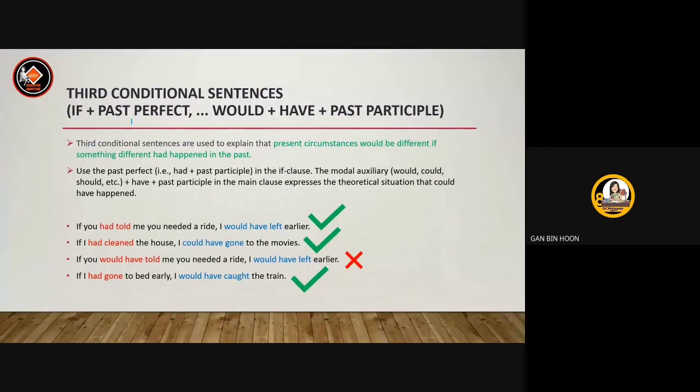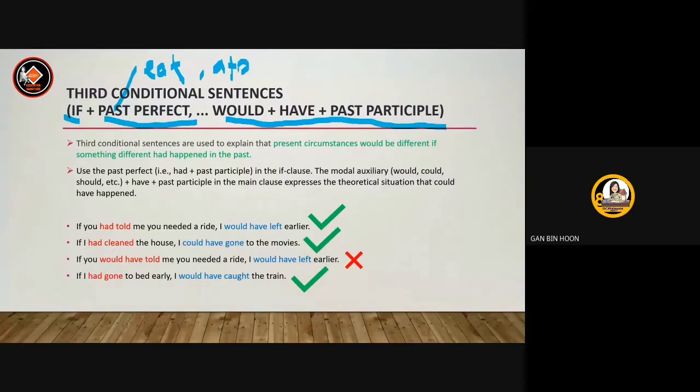Okay, so third conditional sentence. Apa maksud third ni teacher? If campur past perfect, campur would have past participle. Oh, susahnya teacher? Yes, susah. Because why? Past perfect adalah yang terakhir. For example, we have the word eat. Okay, so eat. Past tense teacher, eat.